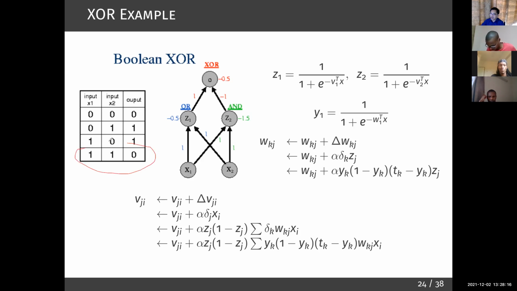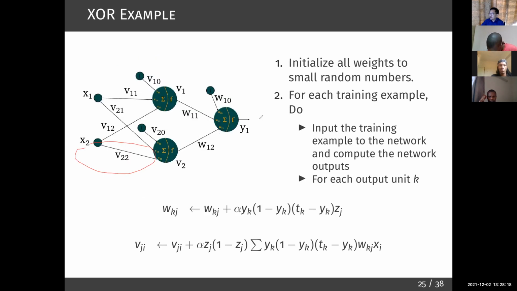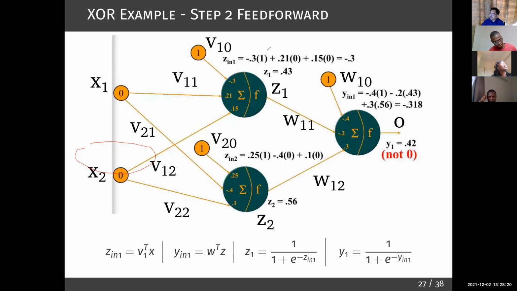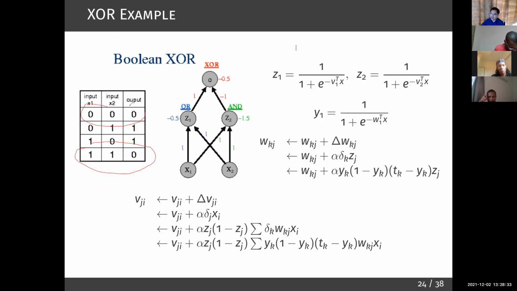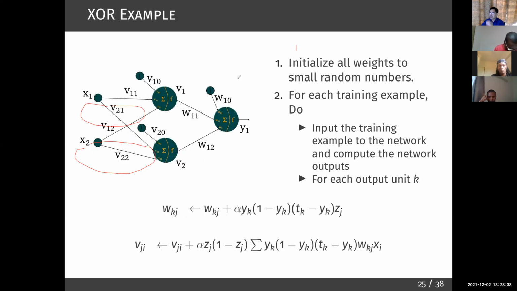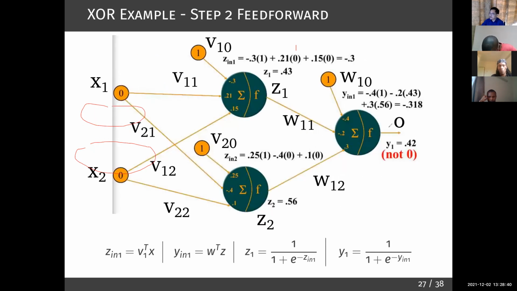The input is all 0 0 0 0, sorry. That means we use the first input, X1 and X2, to be 0. The output should be 0. Using the initial values of our weights and substituting, the output should be 0, but the output is 0.42.